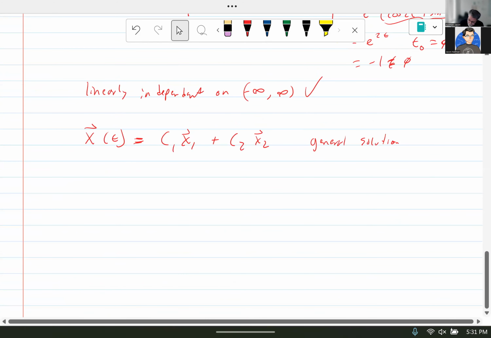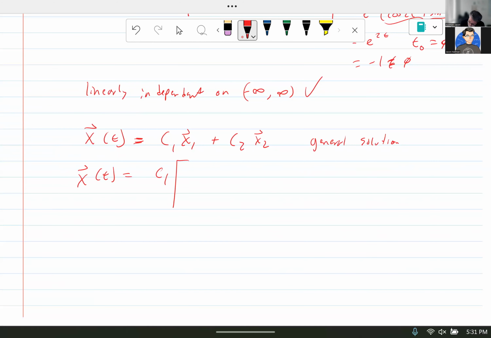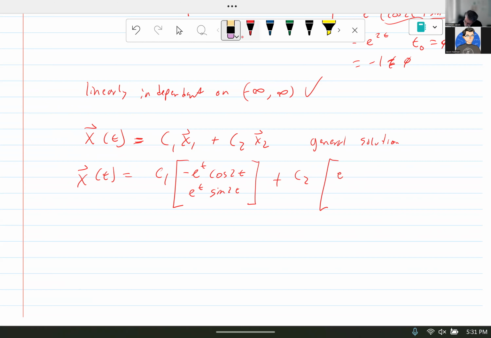So x of t is equal to c1 times x1, which was negative e to the t cosine 2t and e to the t sine 2t, plus c2 times e to the t sine 2t and e to the t cosine 2t.